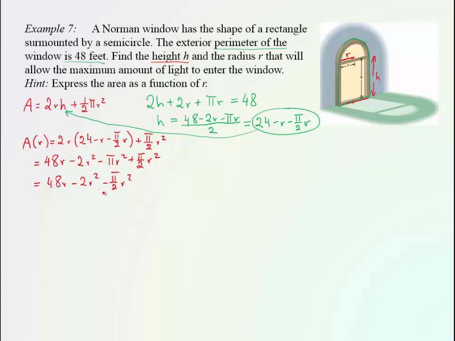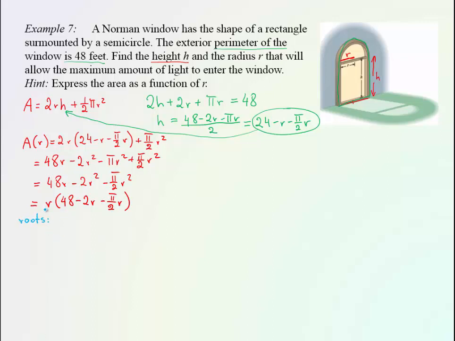Pi half minus pi is minus pi half. Finally, it's a good idea to factor the r, so it will be easier to see the roots of this function.